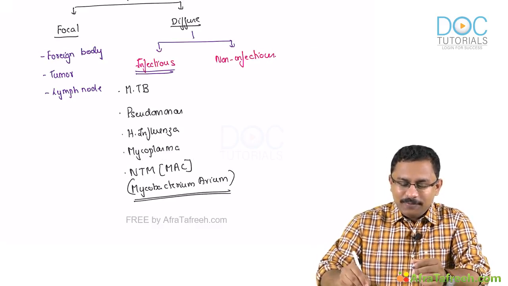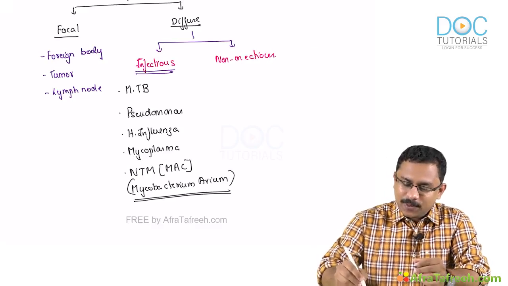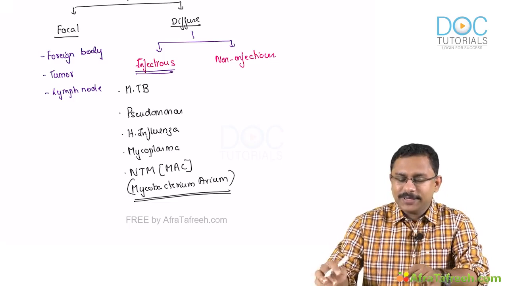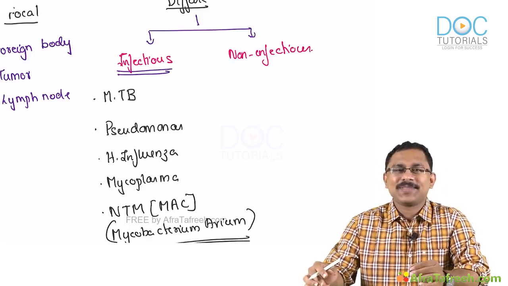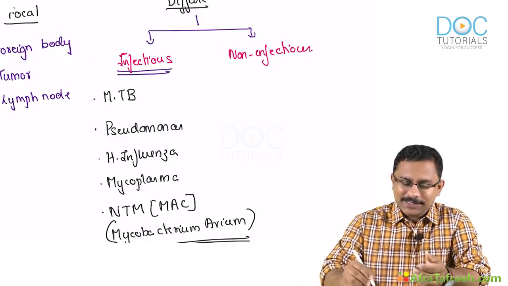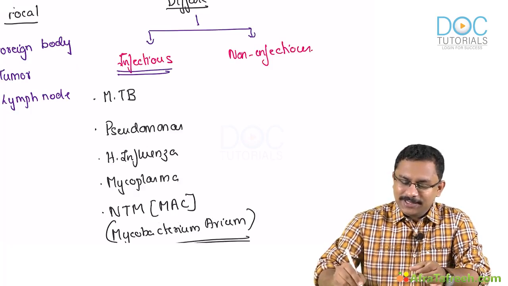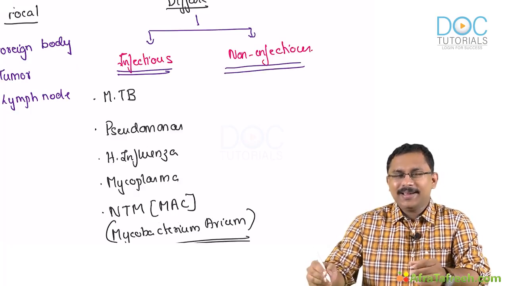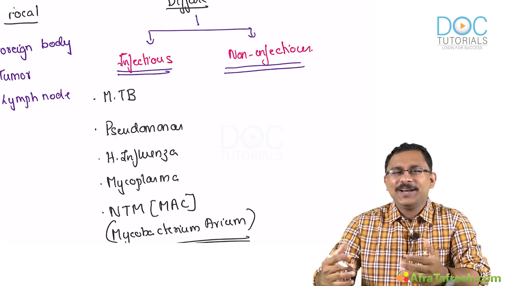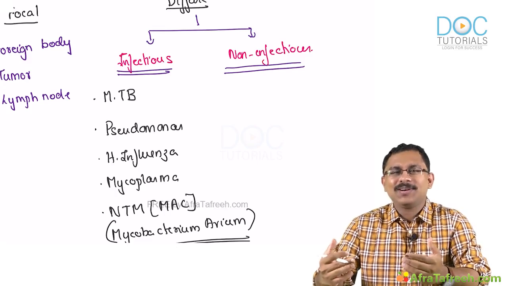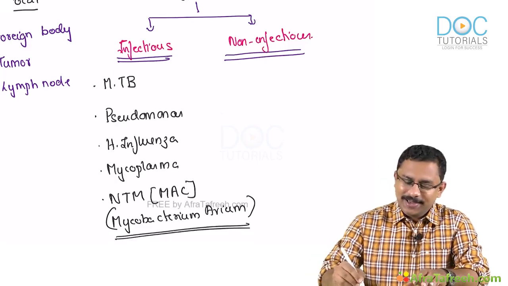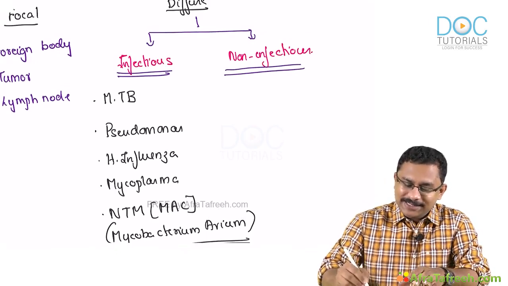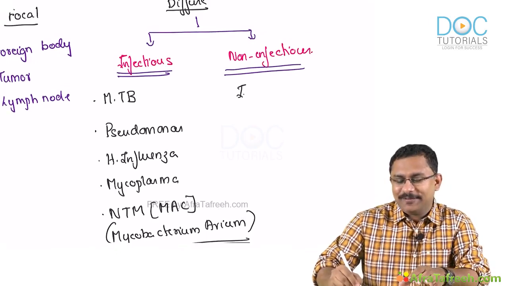You can also have non-infectious causes. Very important, non-infectious causes of bronchiectasis. So what are the non-infectious causes? You can have certain conditions which can predispose, like an immunocompromised state, which can itself predispose to certain infections.